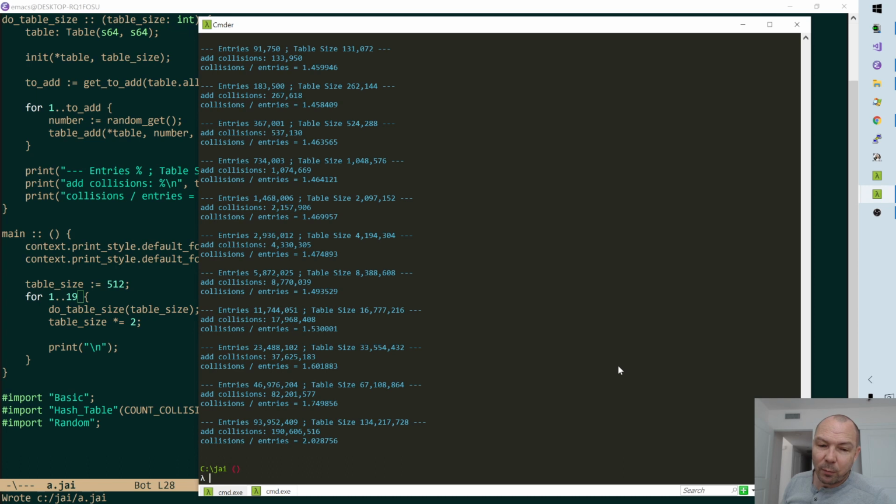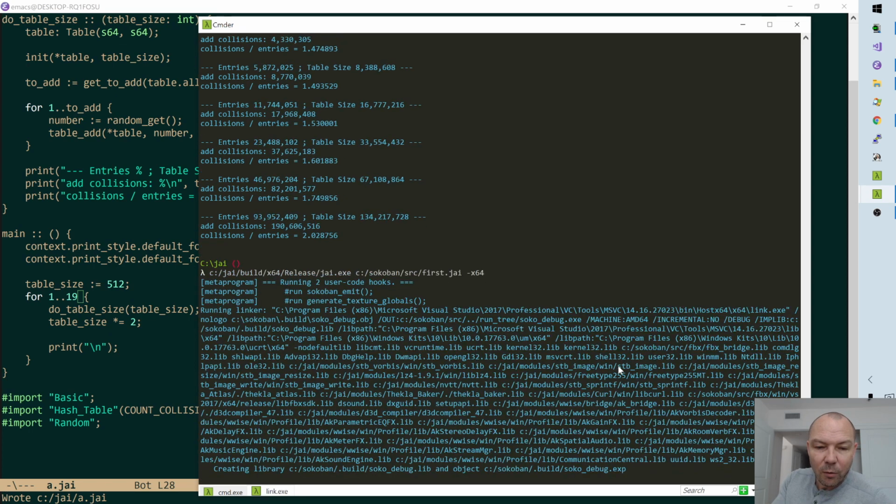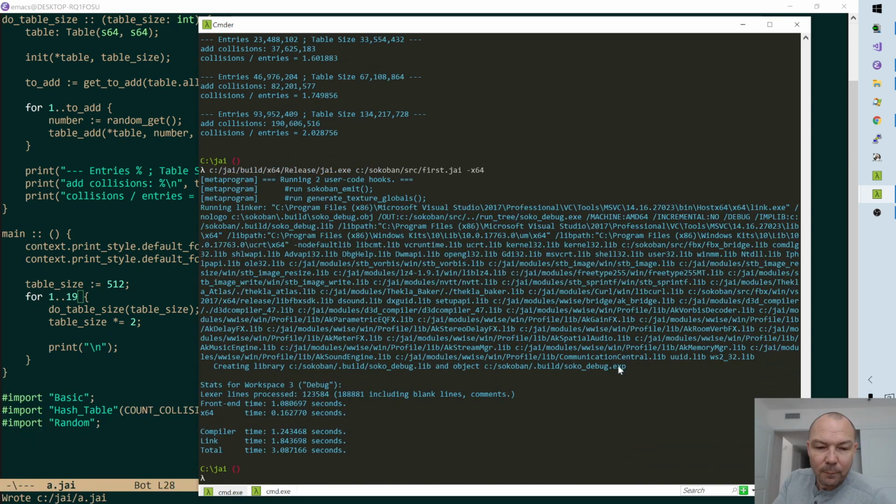Now the other thing is maybe I broke the hash table, right? Who knows? So one way we could check if we broke the hash table is build the game, because the game uses the hash table quite a bit.